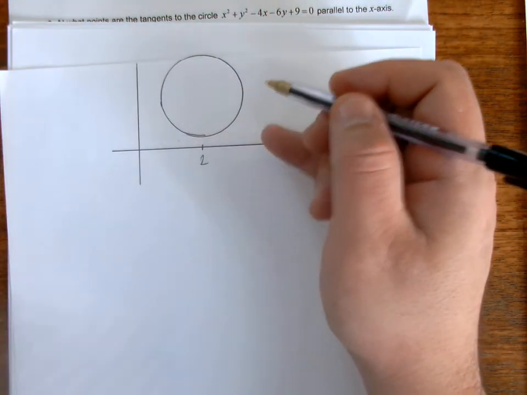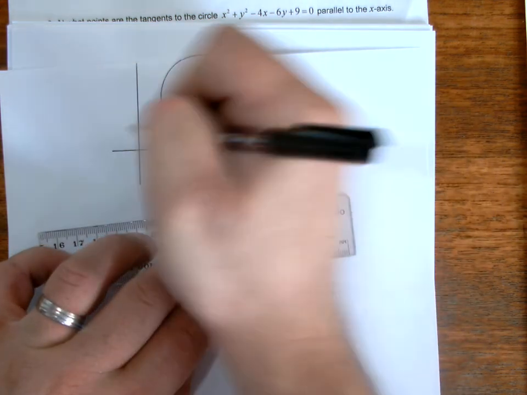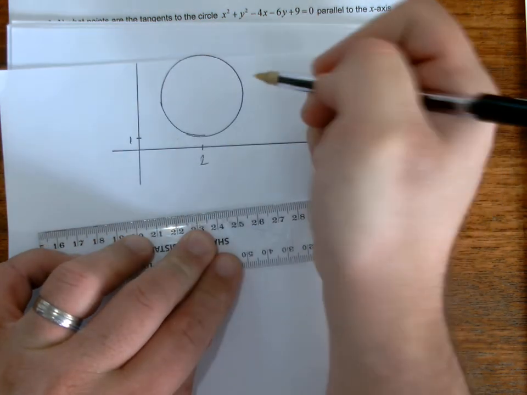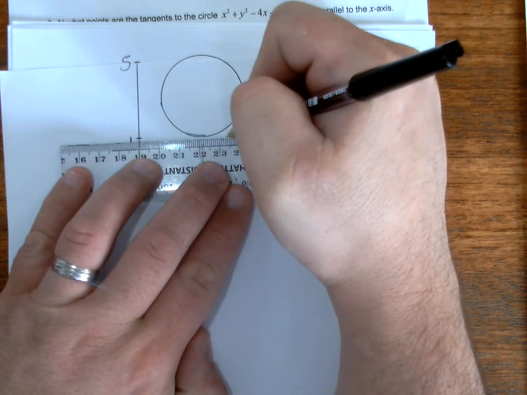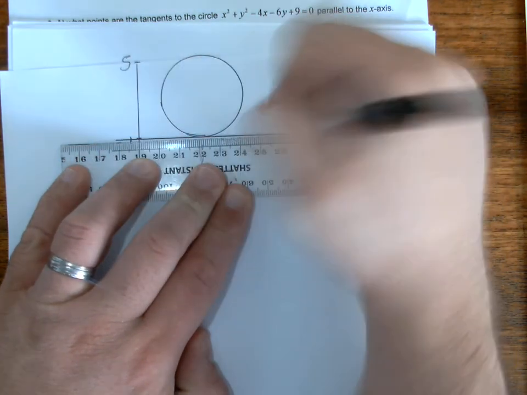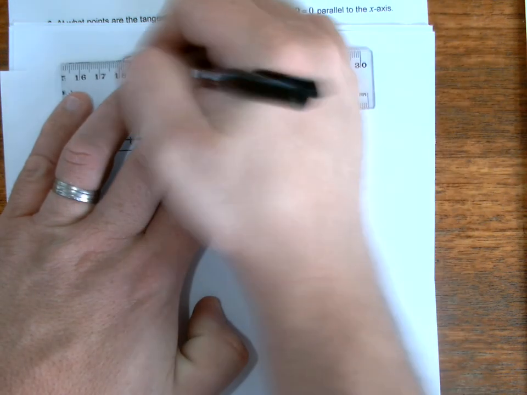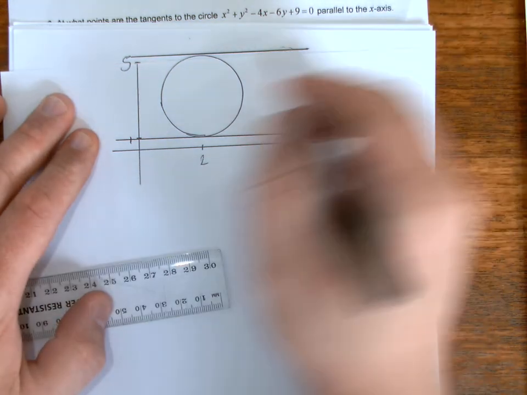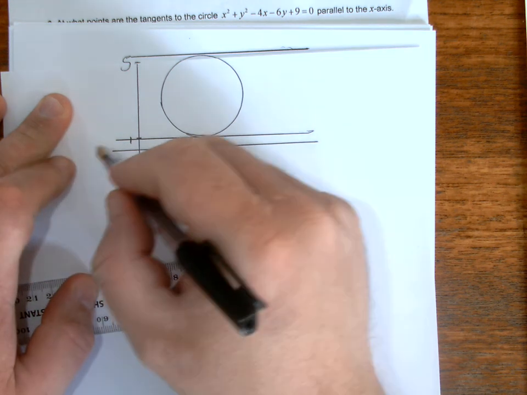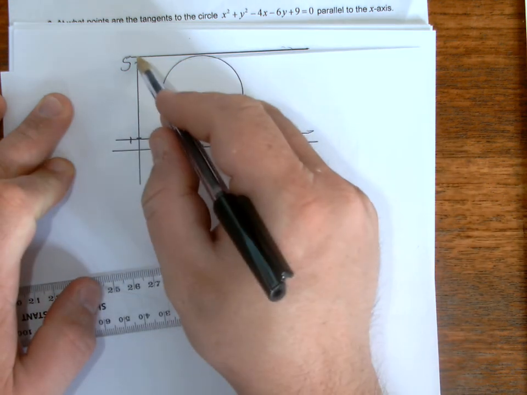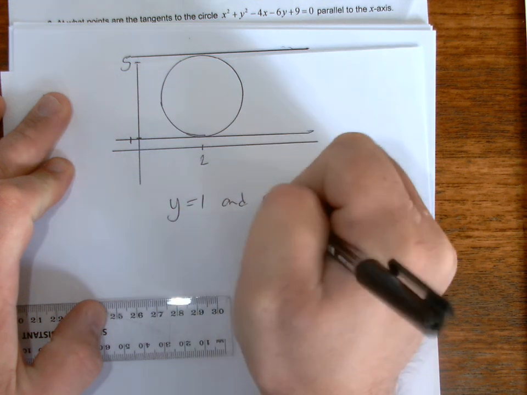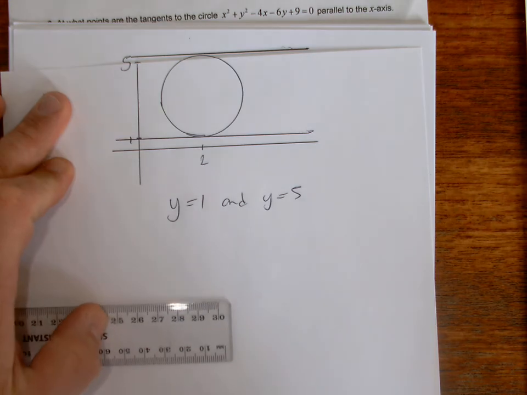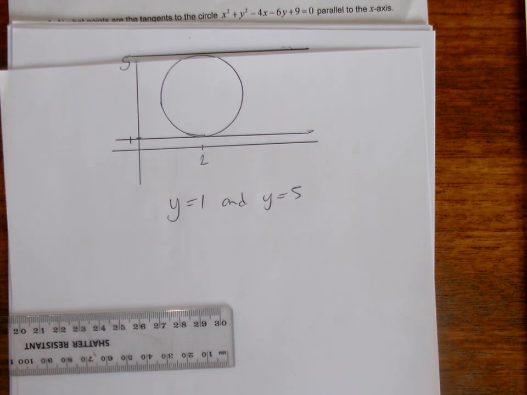I haven't drawn this to scale, but one y was 1 and the other y was 5. The tangent, because it's parallel with the x-axis, is going to look like that, and then the one up here is going to look like that. So what equations can we give these? Well, when the line is horizontal, we just write down the value that it goes through on the y-axis. So we say y equals 1 and y equals 5. So those are the tangents for our circle. Horizontal lines will just be y equals in both cases.